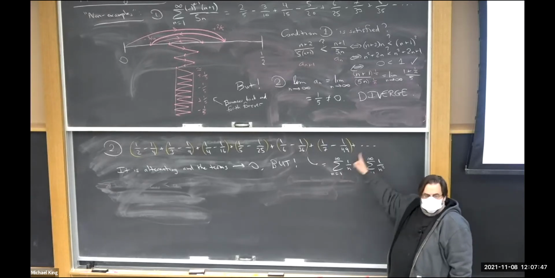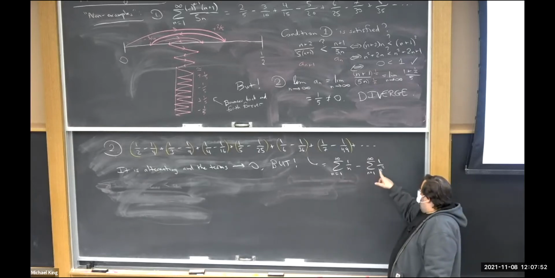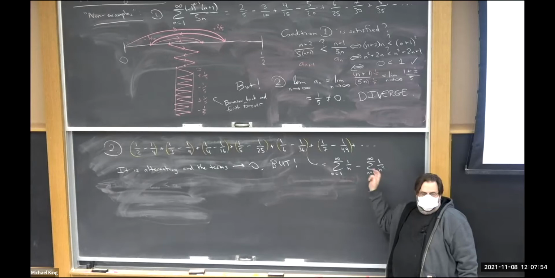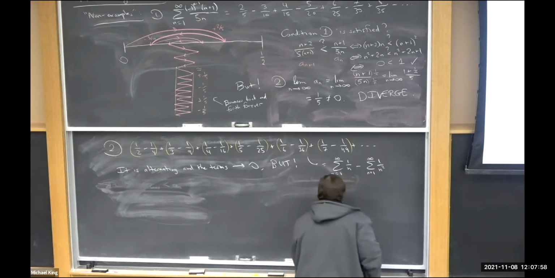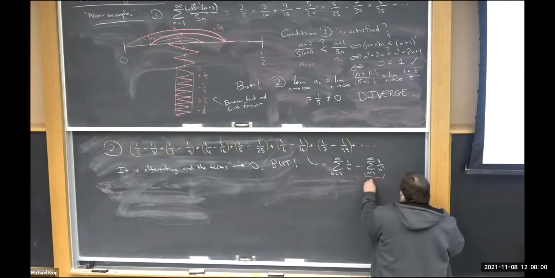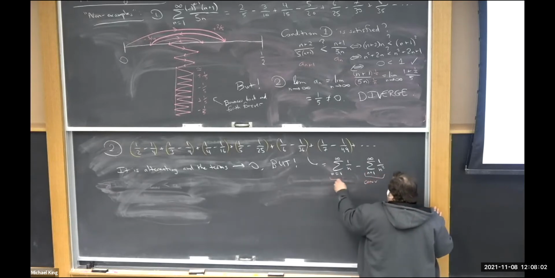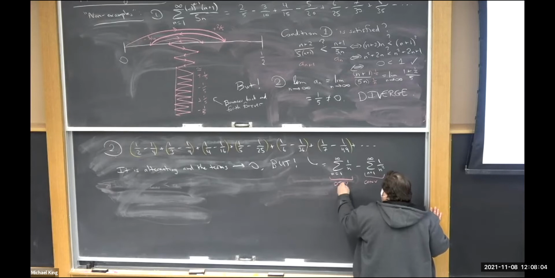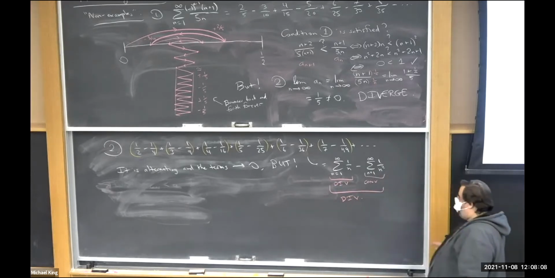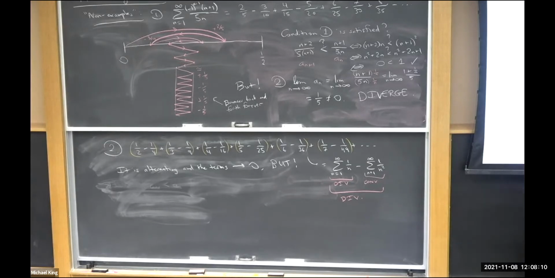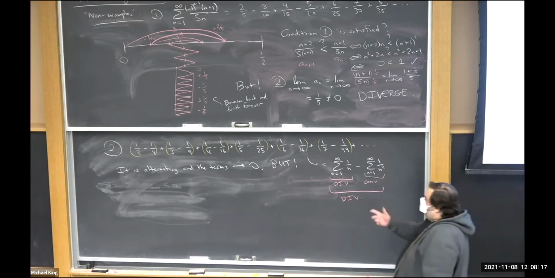So could this whole thing be finite? No, because if it was finite, then they would all have to be finite. This would have to be finite, because this is finite. So this converges, but this diverges. So the whole thing diverges.